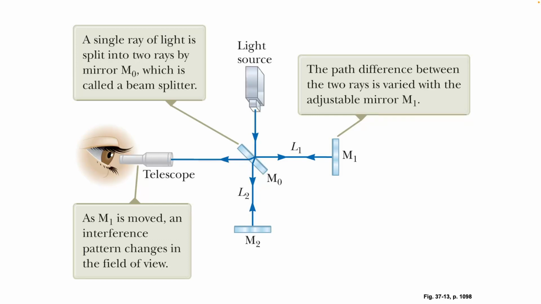So you literally split the beam into two parts. One bounces and goes off to a mirror, the other one goes through and goes to another mirror. Those mirrors bounce the light backwards and they join up, and you look through a telescope at how they join together. So two beams traveling down two different legs of the interferometer coming back together.